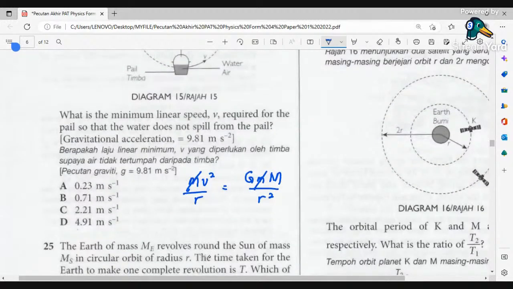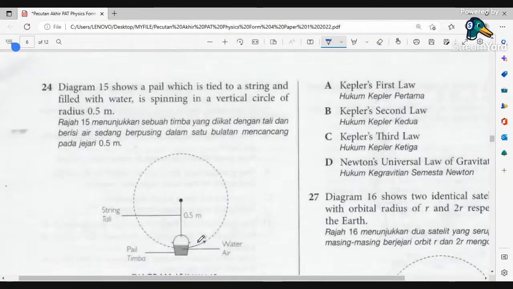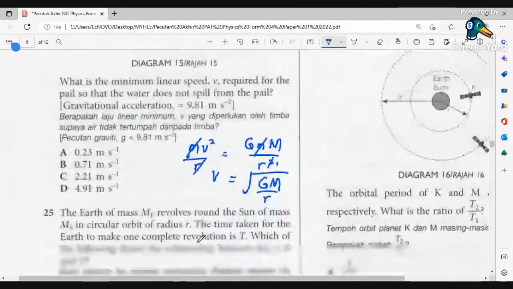So v equals square root of GM divided by r. You substitute the values of G and M, then divide by r, 0.5.